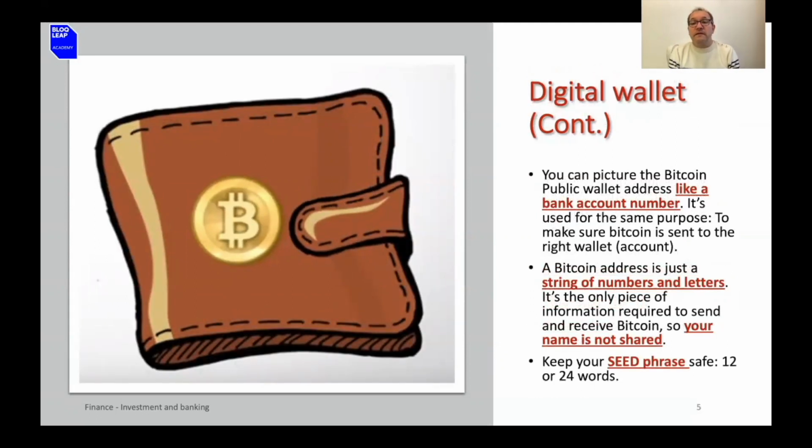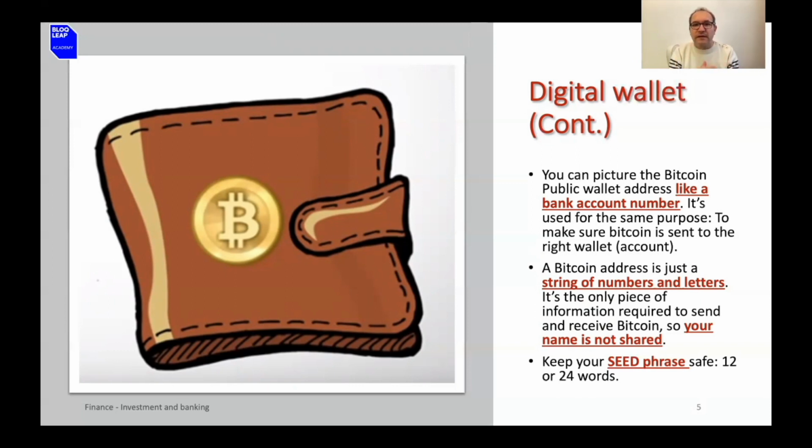So what is this address you are going to get? An address is really easy. It's a long string of letters and numbers, okay? So in your wallet, you will have 2 numbers, like an account number, like we can say an IBAN, which everybody can see. And then you've got your private key.